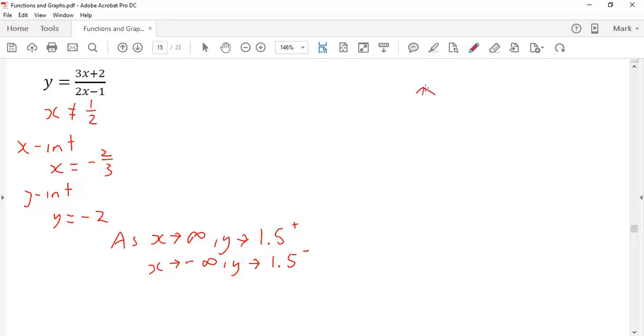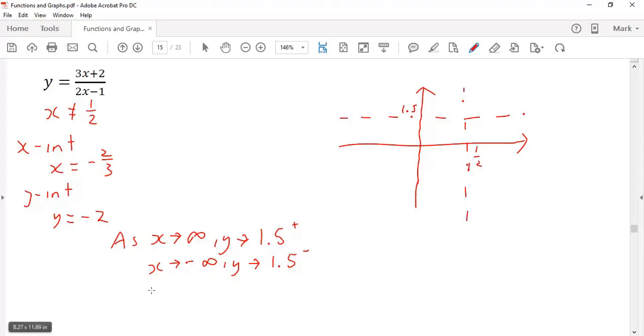So from our graph now, that tells us that 1.5 is the y asymptote. And we figured out before the x asymptote is a half. So what I like to do now is I also want to test as x heads towards this x asymptote.